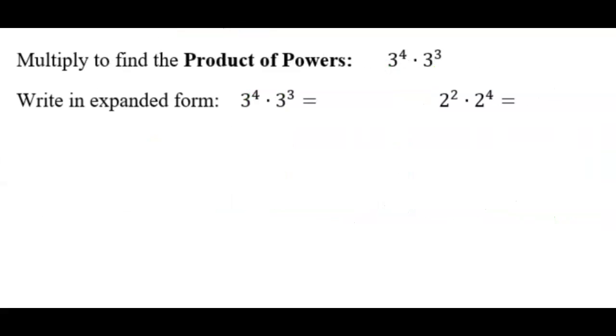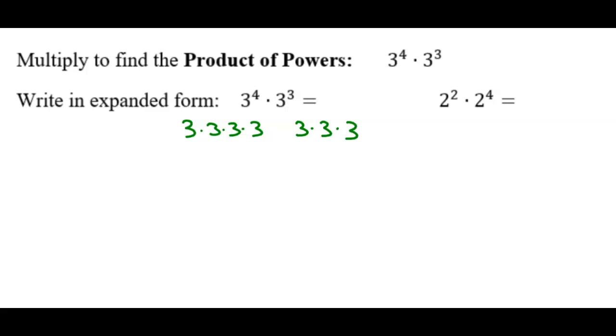So now, if I look at this problem, product of powers, I'm going to look at this in 2 different ways. I'm going to write this out in expanded form, and then we're going to learn a rule to make it really fast and easy. What does 3 to the fifth look like? 3 times 3 times 3 times 3 times 3. What's 3 to the third going to look like? 3 times 3 times 3.